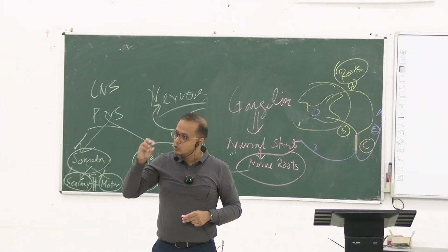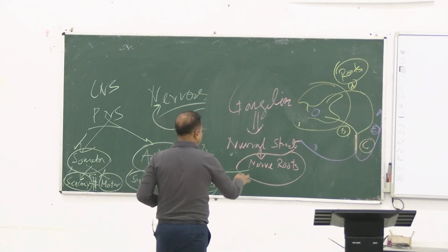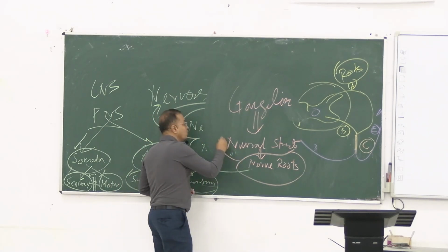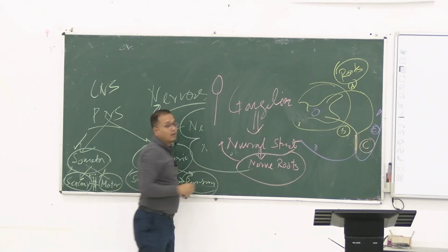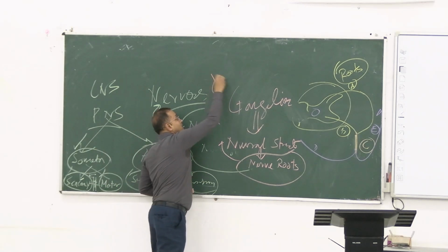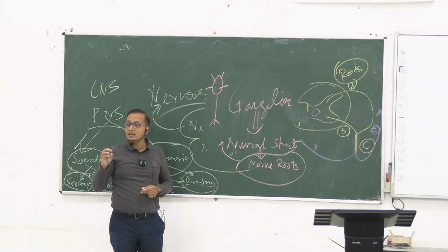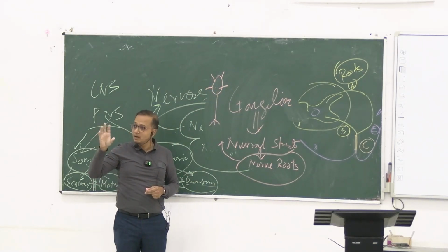Now why is there a swelling of this nerve root structure related to these neural tissues? We have neurons which have two parts: one is the projection part, the other is the cell body. The cell bodies of these neurons are present in the brain and in the spinal cord.